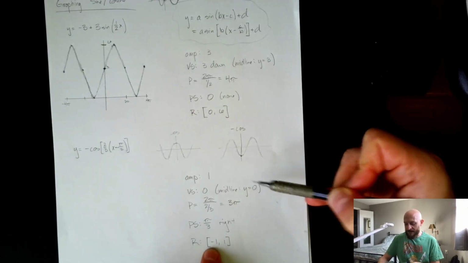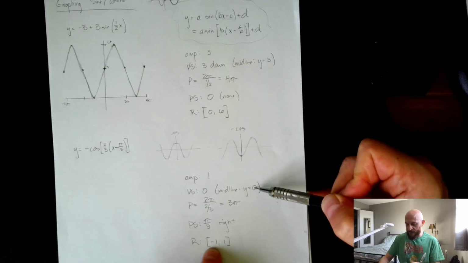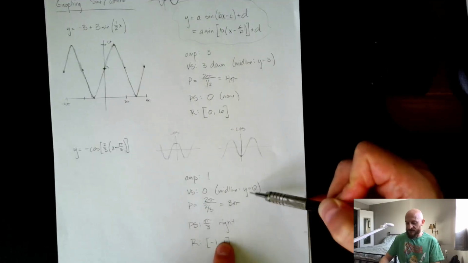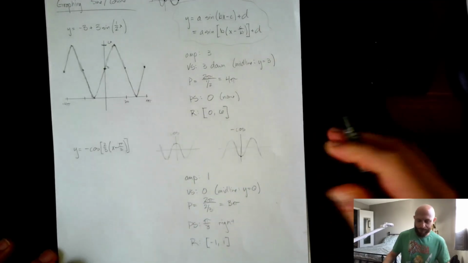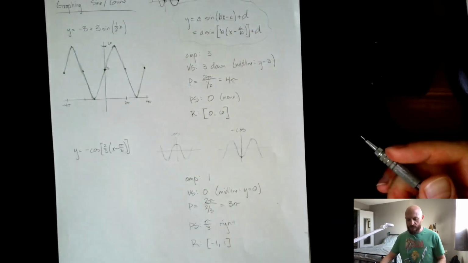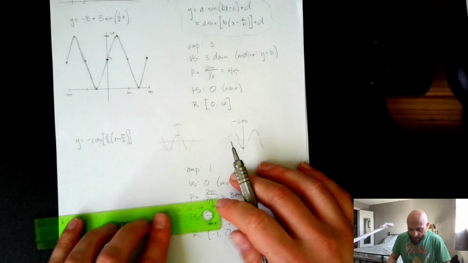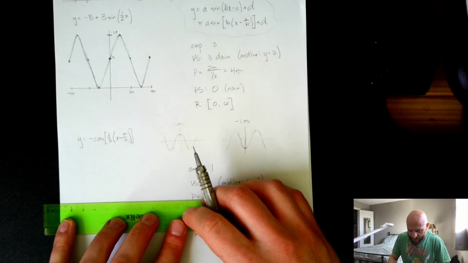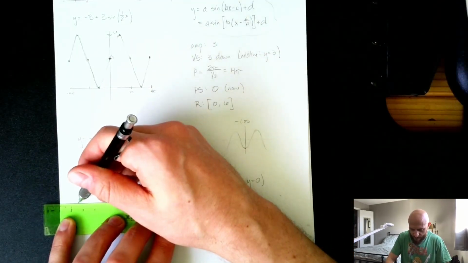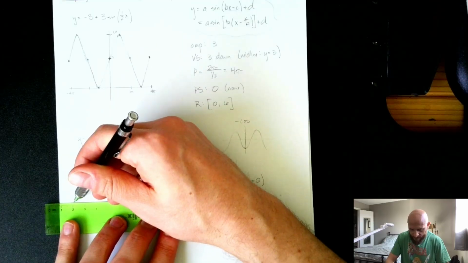That's d minus the absolute value of a to d plus the absolute value of a, d minus the amplitude to d plus the amplitude. Okay, so now let's graph it. We've got all the pieces that we need to graph this thing. So let's graph it.